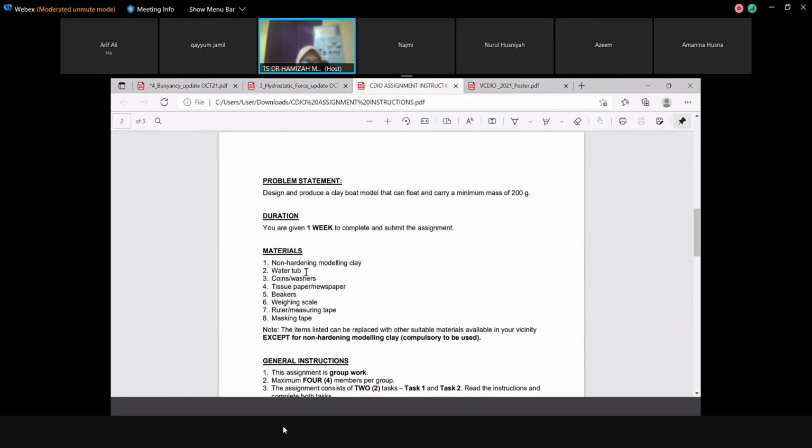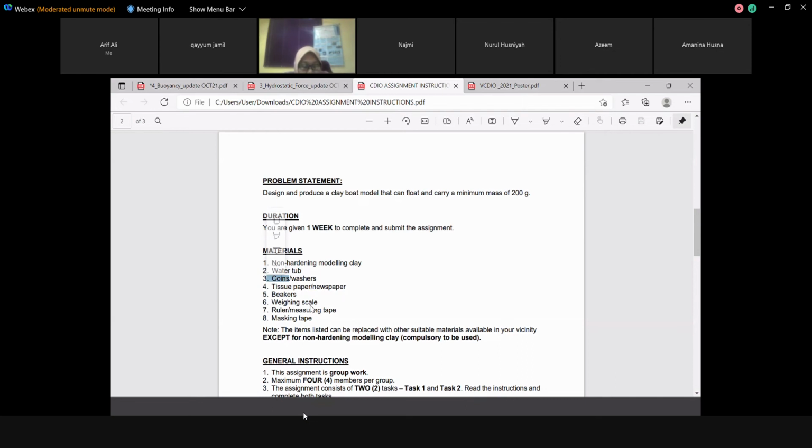Okay, and then we need a water tub. This one untuk uji buoyant force dia. And then coins, tissue paper, newspaper, beakers. We need a weighing scale. Ni scale, kalau mak awak rajin buat kuih mesti ada weighing scale untuk measure berat tepung, gula.